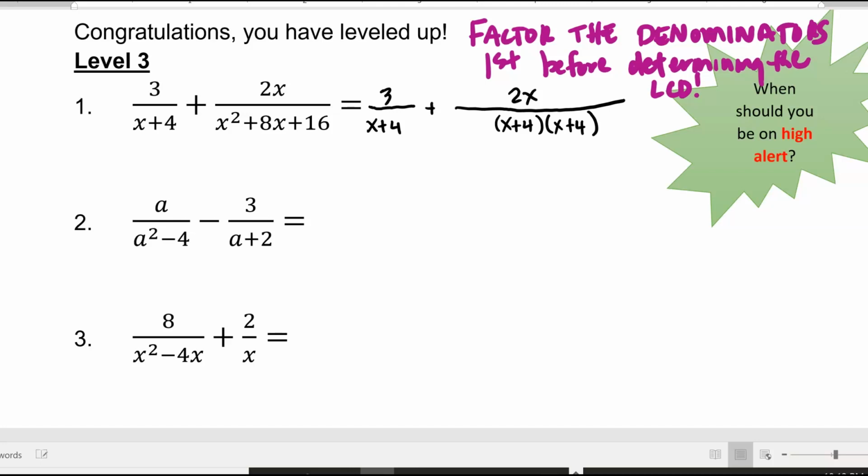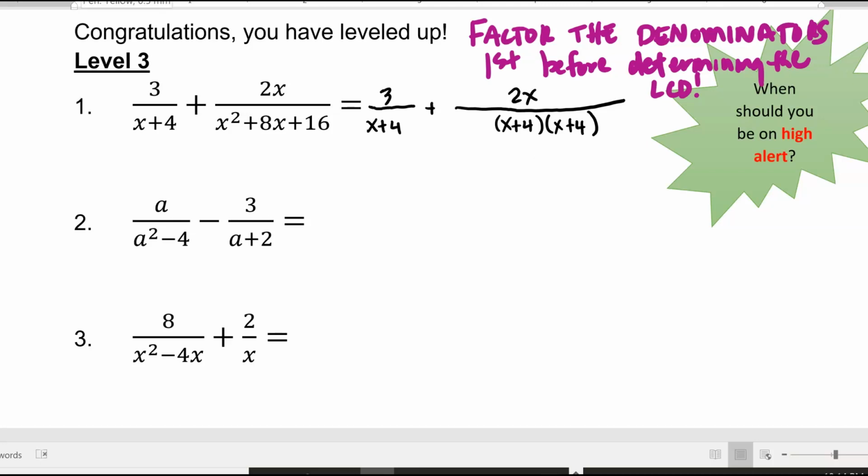Now, are the denominators exactly the same? Actually, no, because the first denominator has 1 x plus 4 and the second denominator has 2, right? So they're not on the same page right now.